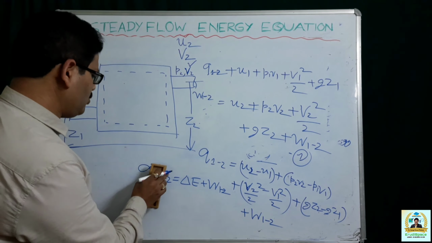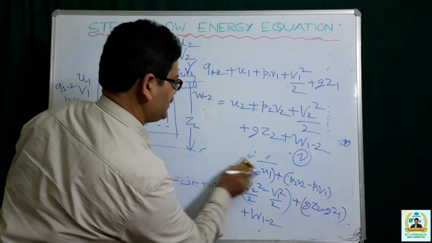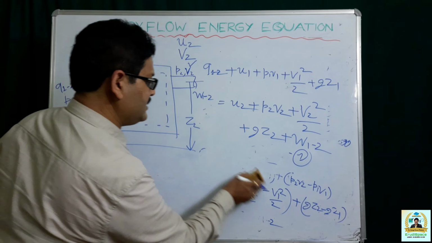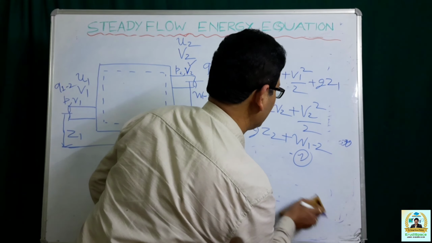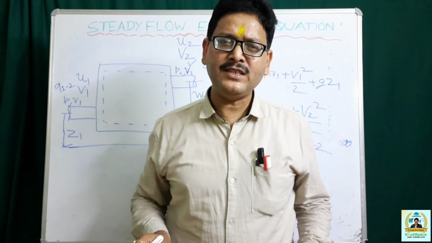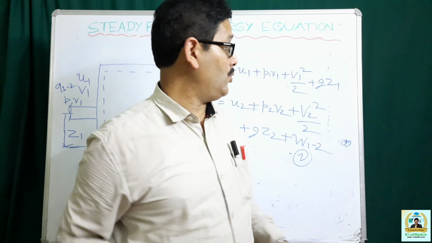But usually what we do is represent the sum of the flow work as well as internal energy as enthalpy, because all of us know that enthalpy is the sum of internal energy plus the pressure volume product. That is nothing but your flow work or flow energy.